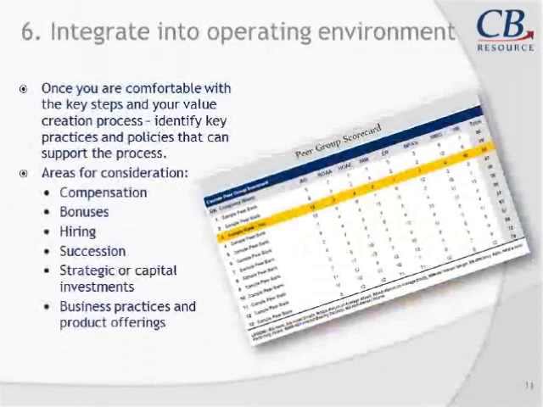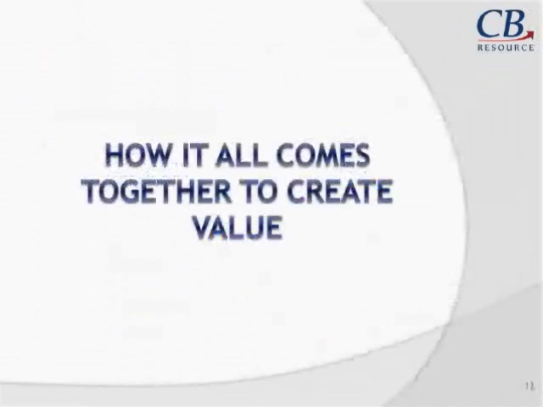Strategic or capital investments in new market opportunities, new products, or new technologies could be influenced by where you are on your scorecard. And lastly, adopting business practices and strategic planning practices that focus consistently on creating the greatest value for your shareholders and maintaining that useful dialogue between you and the board. So, how does this all come together?